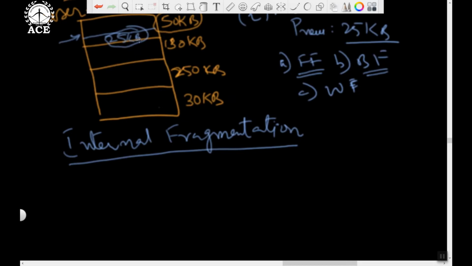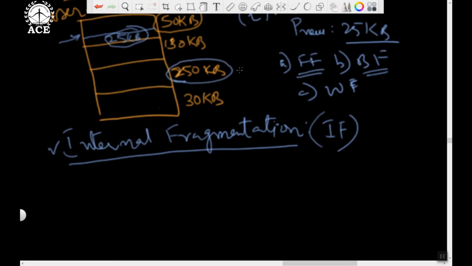For example, if I have a program of size 25K to be accommodated, maybe I can place it in 30K, 250K, 130K or 50K. Suppose I place it in 50K, so the size of the partition is 50K and the program needs only 25K of memory. The amount of memory left over within the partition, after placing 25K, is 25K free.